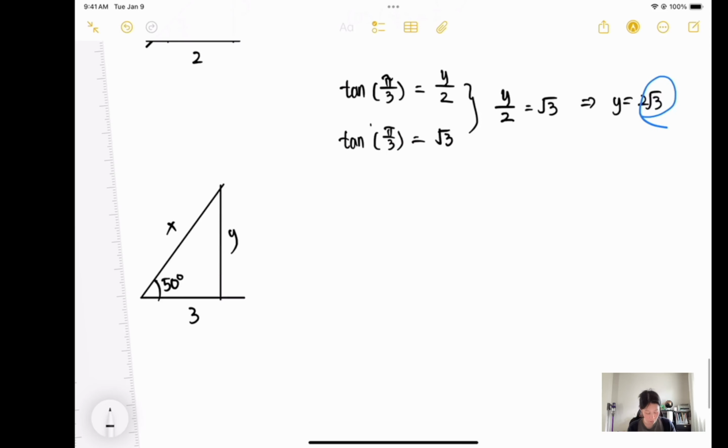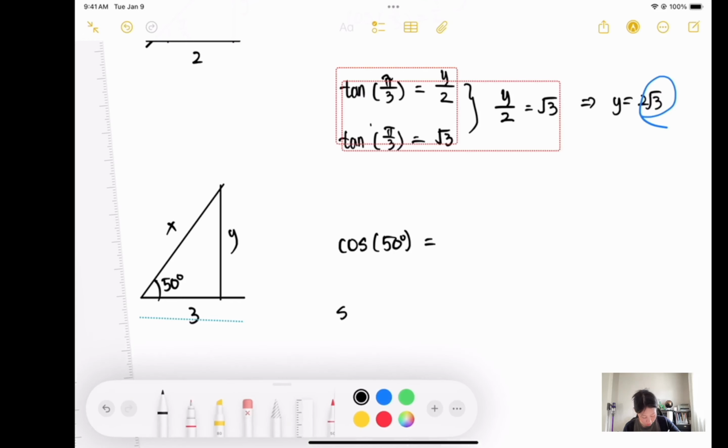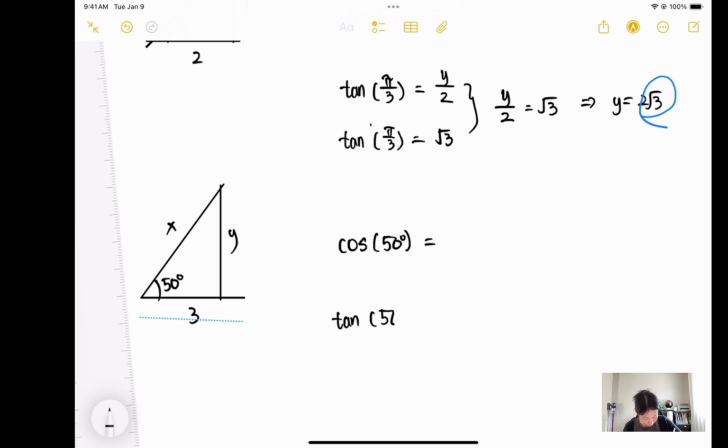Similar to the last one, it's better for us to use cosine 15 degrees and tangent 15 degrees, because cosine 15 degrees is equal to the adjacent side 3 over the hypotenuse x, and tangent 15 degrees is the opposite side over the adjacent side. So we want to just keep it with one variable.